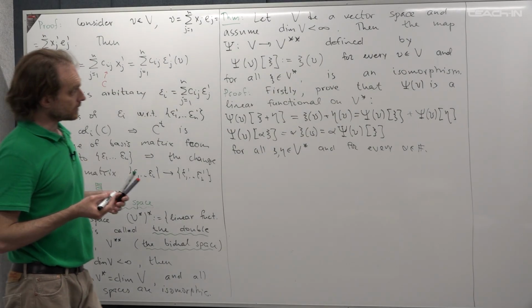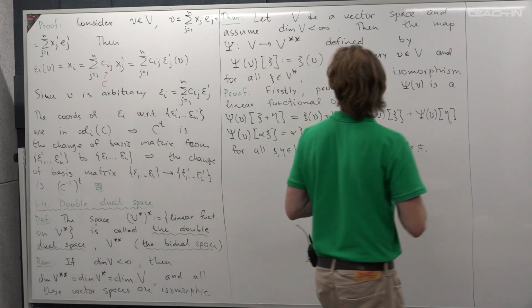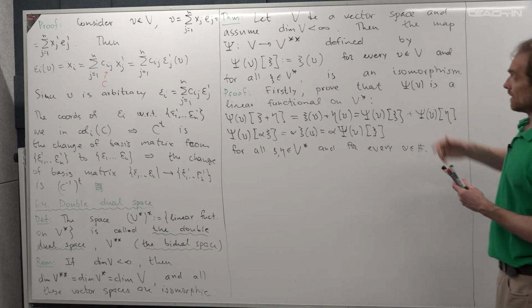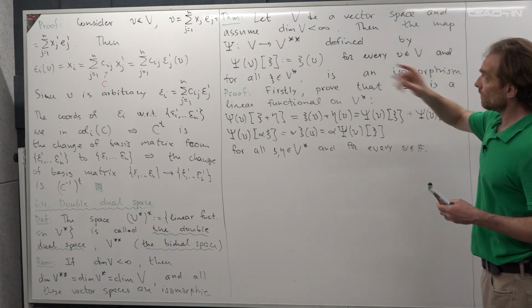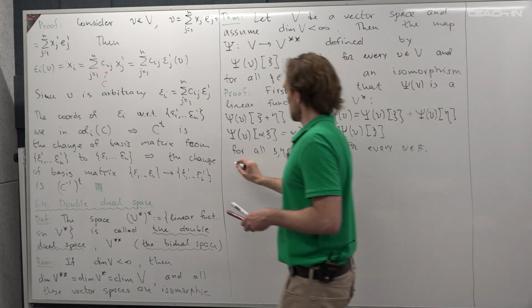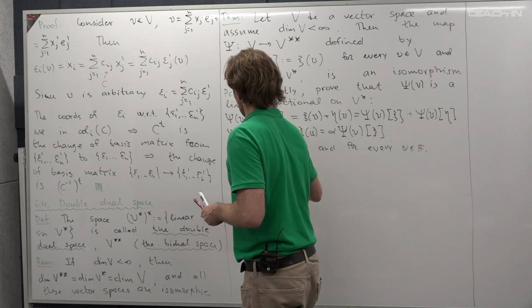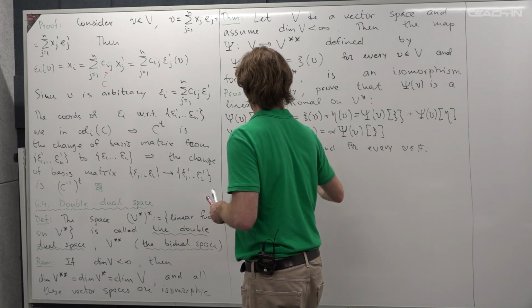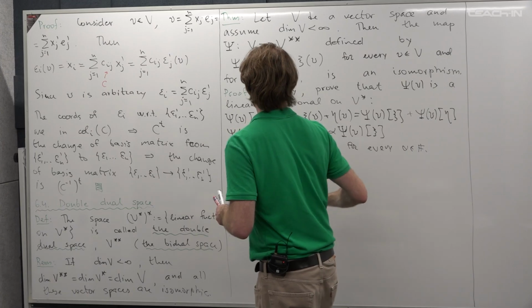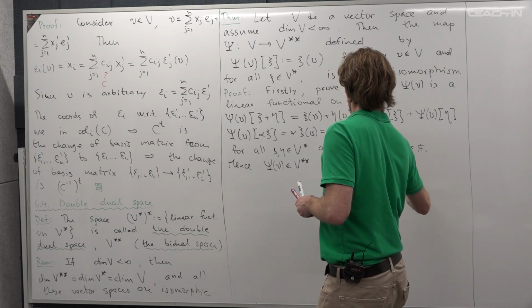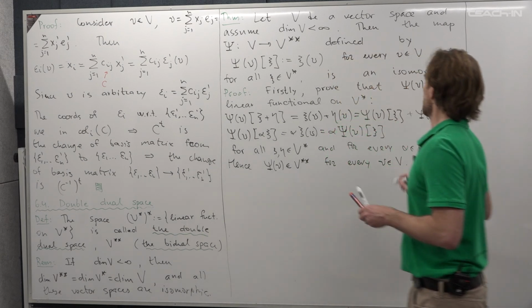So we proved that psi of V is an element of the double dual space. Hence, psi of V belongs to the double dual space for every V from V.